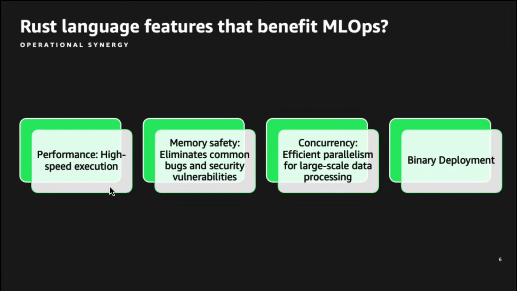Also, concurrency. I think older languages like Python were, again, wildly successful, just like the internal combustion engine, but they don't do parallelization as efficiently as some of the modern programming languages. Like in the case of Python, there is the GIL, the global interpreter lock, that really is a bottleneck in terms of doing multi-threaded programming across a multi-core machine. And also binary deployment.